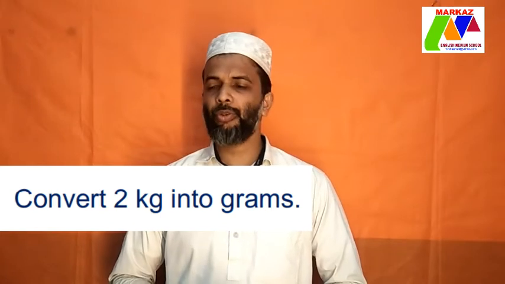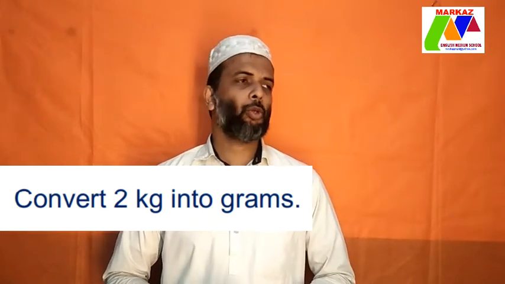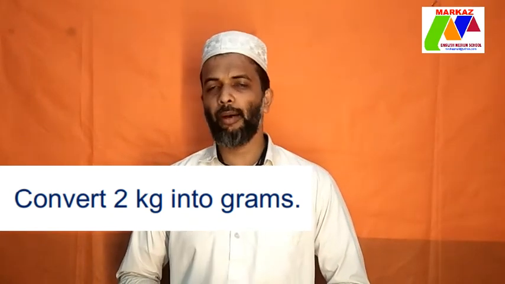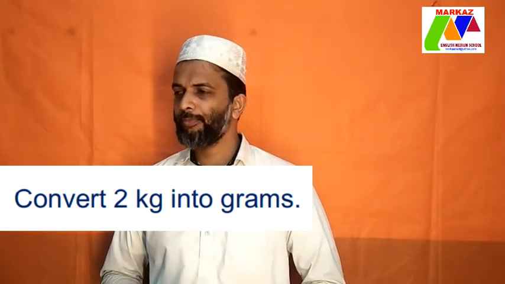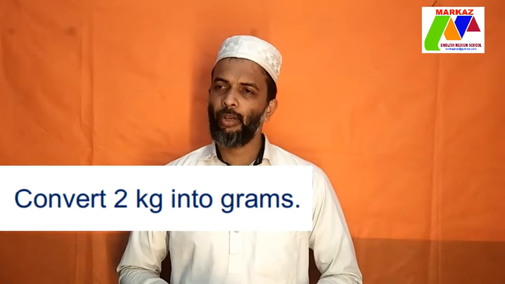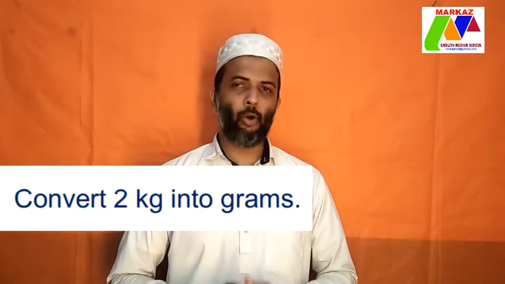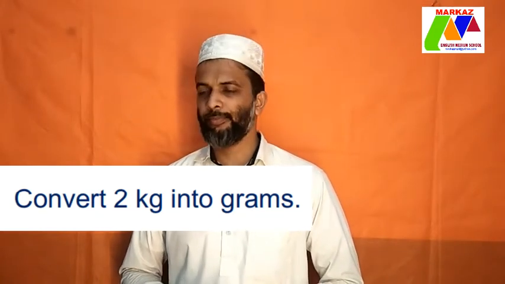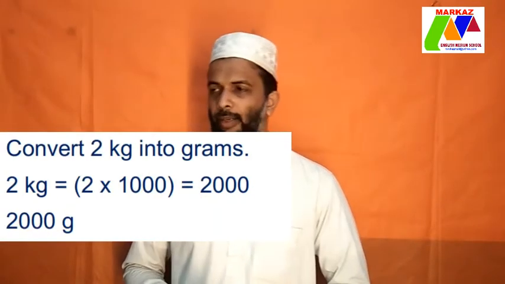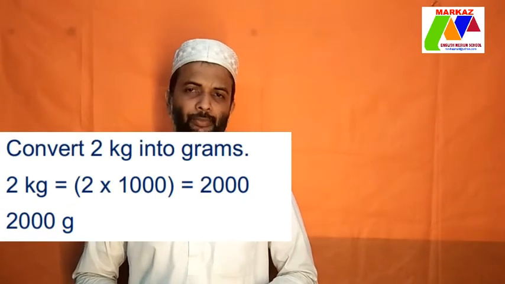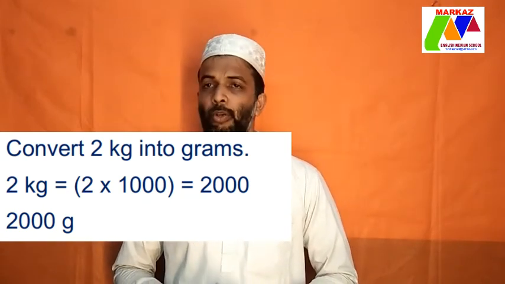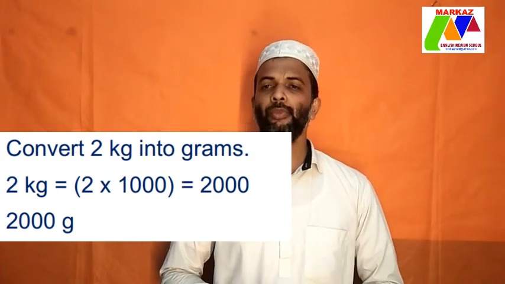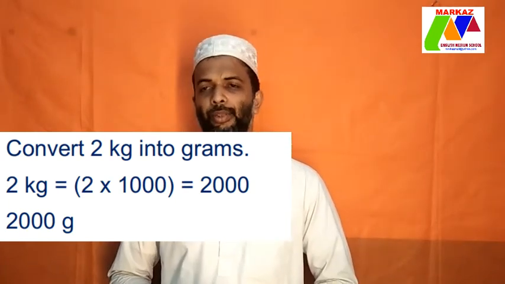Write your today's first question. How to convert the given kilograms into grams? You have to multiply the kilogram by 1000. That means 2 into 1000 is equal to 2000. The answer is 2000 grams. 2 kilogram is equal to 2000 grams.